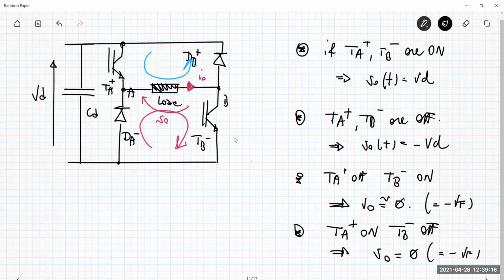But what about if in place of that generic load I put the equivalent circuit of a phase, for example, of a stepper motor?